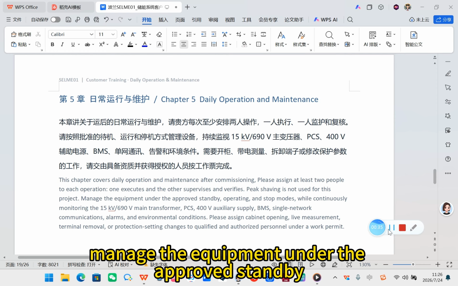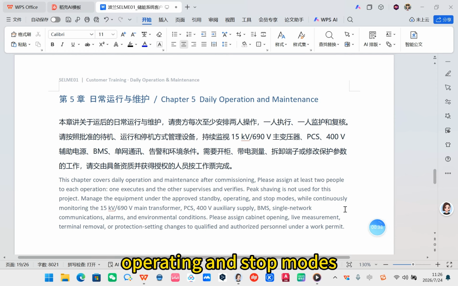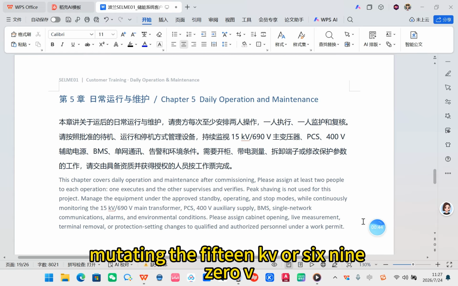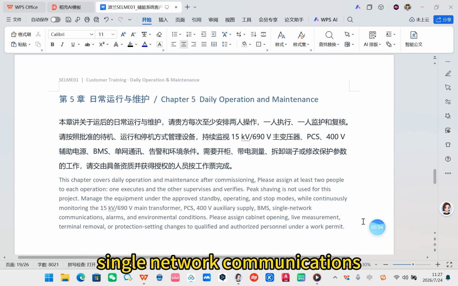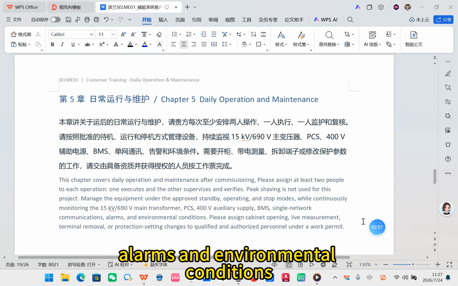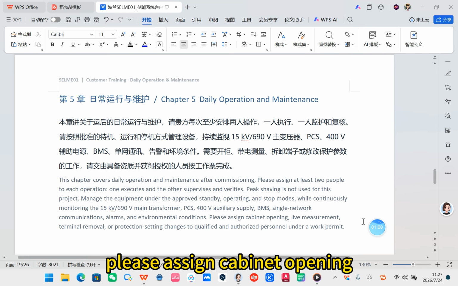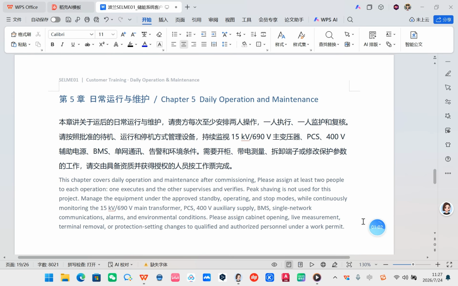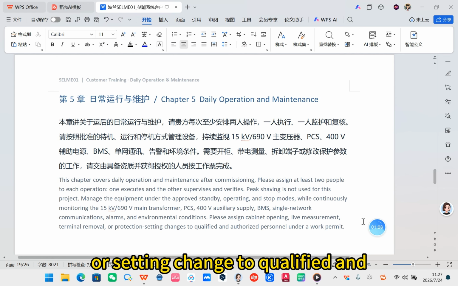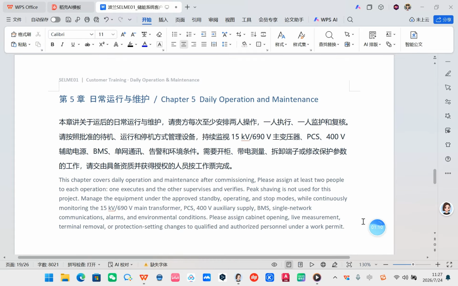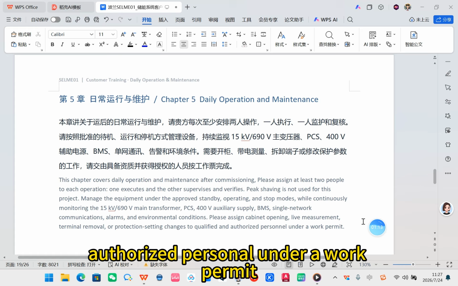Manage the equipment under the approved standby, operating and stop modes, while continuously monitoring the 15 kV or 690V main transformer, PCS, 400V auxiliary supply, BMS, single network communications, alarms, and environmental conditions. Please assign cabinet opening, live measurement, terminal removal, or protection or setting changes to qualified and authorized personnel under a work permit.